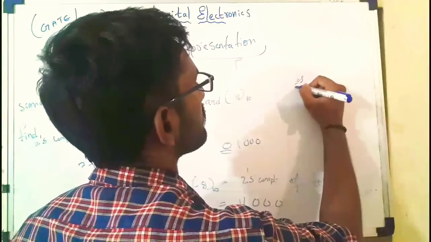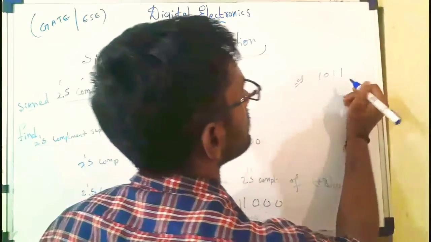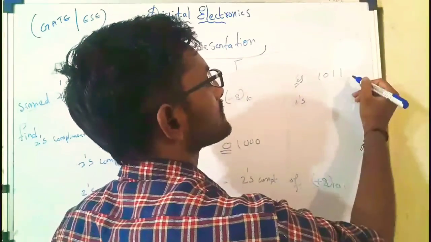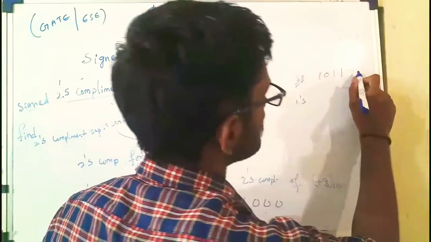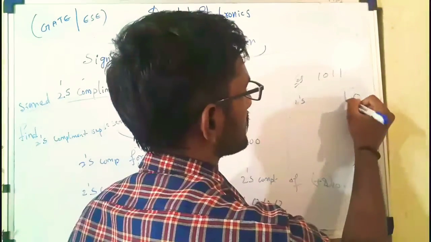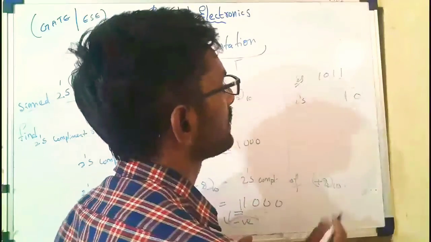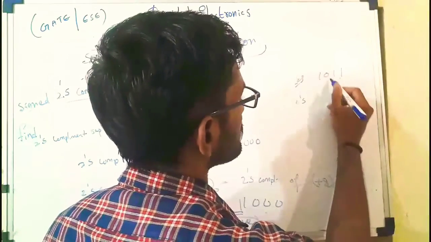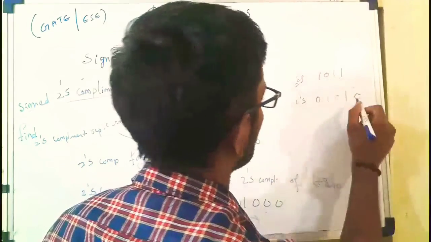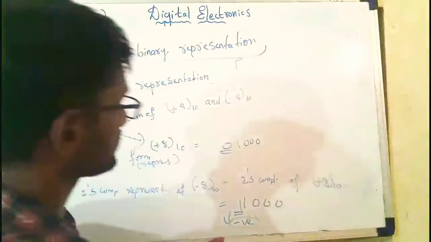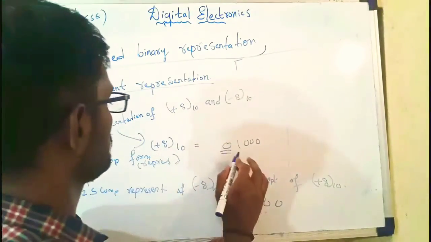Let us take an example of 1 0 1 1 0. 2's complement is nothing but write the 0 as it is, 1 as it is. Whenever we get the bit 1, before the bit 1, just complement all the values: 1 is 0, 0 is 1, 1 is 0. This is direct 2's complement representation.